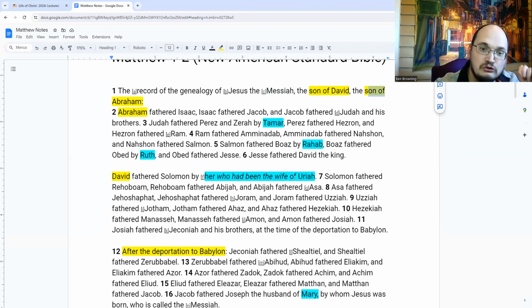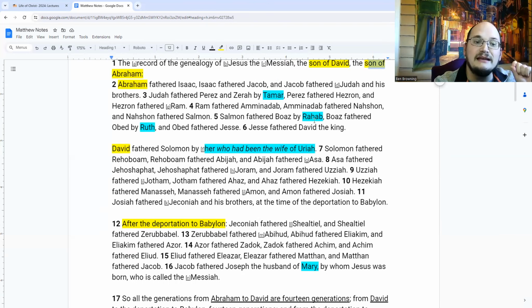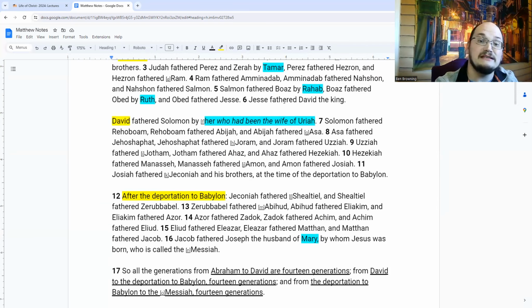But he's also showing that within Israel, there has always been room for Gentiles to enter the fold. And that Jesus, as the Messiah to Israel, is also the Messiah for the Gentiles. And that will be something that plays out more later.